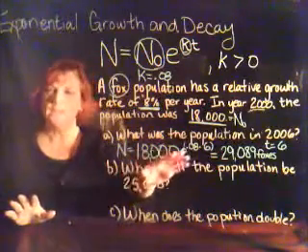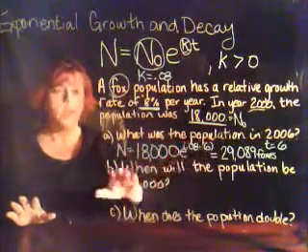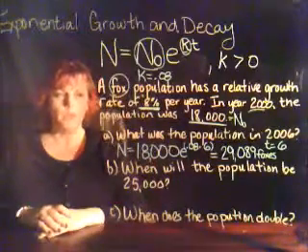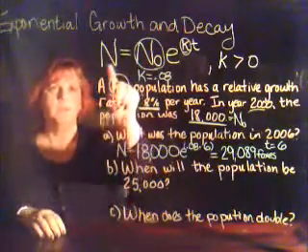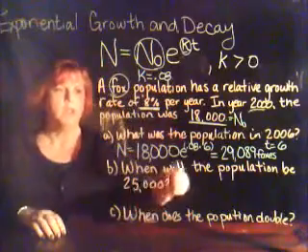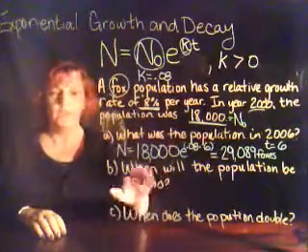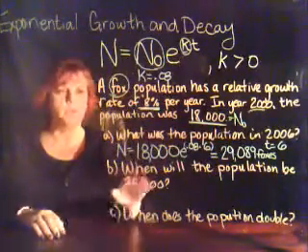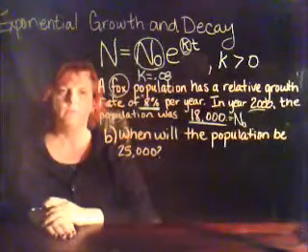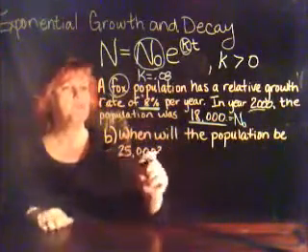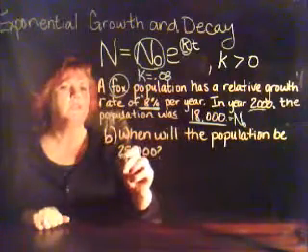Now, that one's the easiest form of these to do. The next one is a little bit more difficult because I know my ending population. I want to know what t is. So I'm going to give myself a little bit more space on this board. When the population will double, this is going to be the ending.